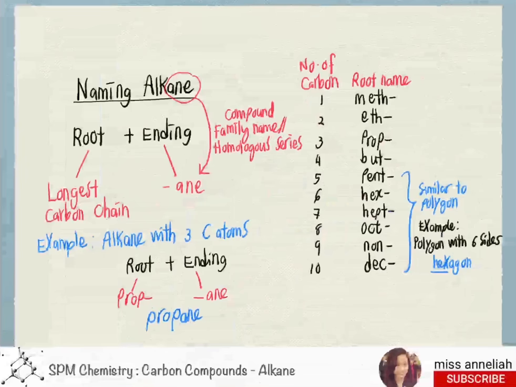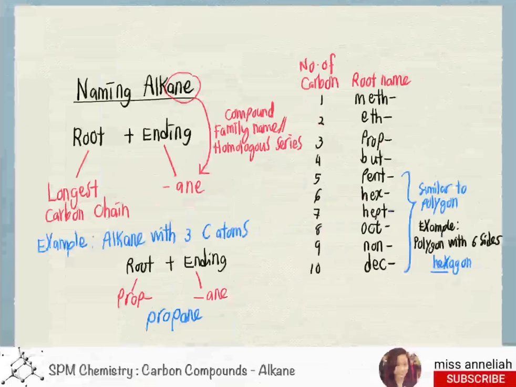Naming the alkanes. All the alkanes have names ending in "ane", while the root name tells you the number of carbon atoms present in the molecule. For example, the compound name will begin with meth, M-E-T-H, if it has 1 carbon atom, eth, E-T-H, if it has 2 carbon atoms, prop, P-R-O-P, if it has 3 carbon atoms, and but, B-U-T, if it has 4 carbon atoms.